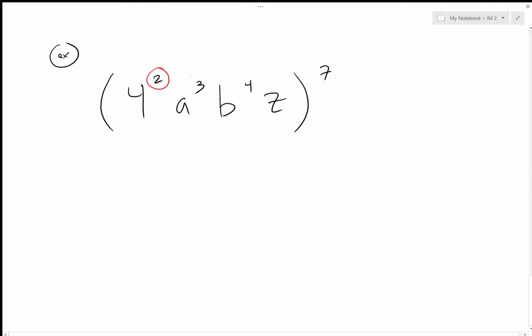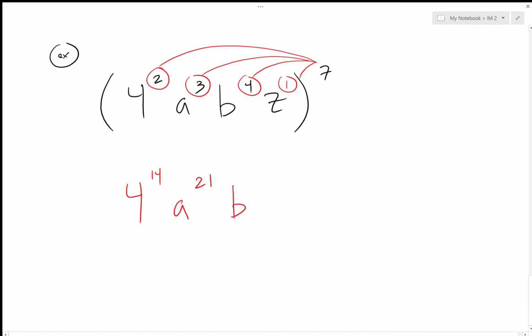I see a 2, a 3, a 4, and on the z is an invisible 1. So let's apply this everywhere in here. So we got 4 to the 14, a to the 21, b to the 28, and then z to the 7. All right, so we're just applying that rule to these problems. Okay, so this one's pretty easy.